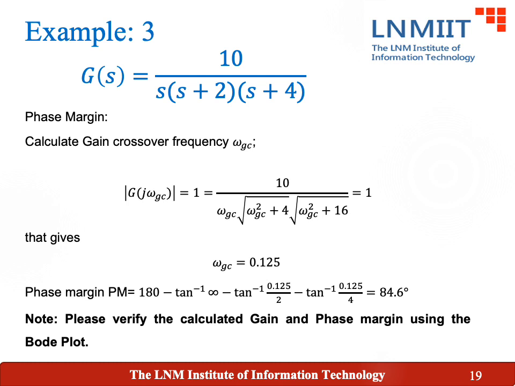I will leave it for you: solve this equation yourself and verify whether omega gc equals 0.125 or not. At this point, we will find the phase margin, which is equal to 180 plus whatever the angle you have. So substituting the value of omega gc in the angle, we will have a phase margin of 84.6 degrees.